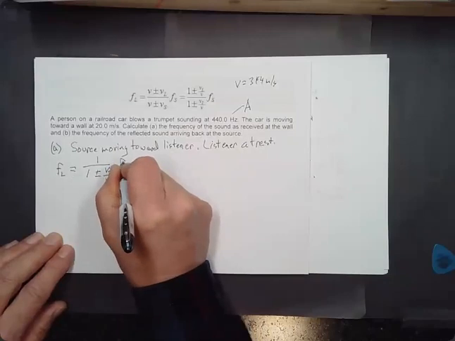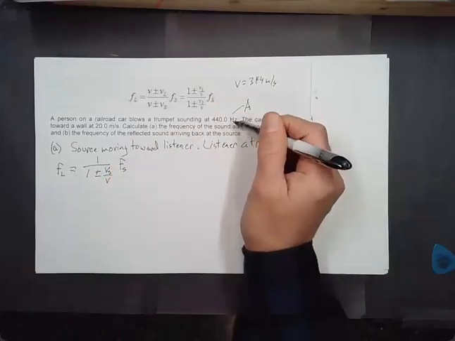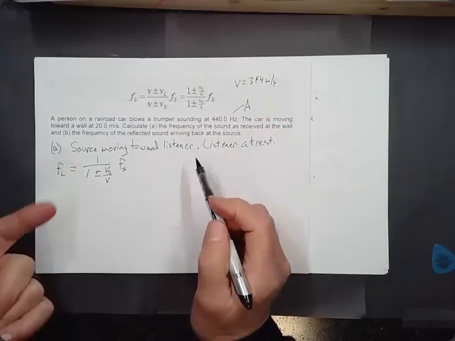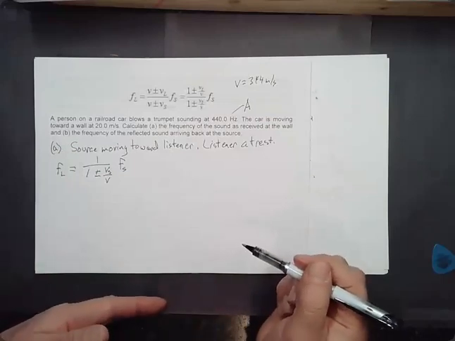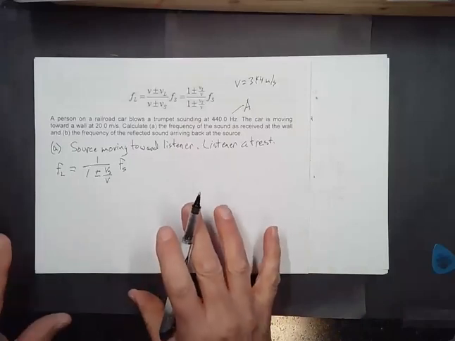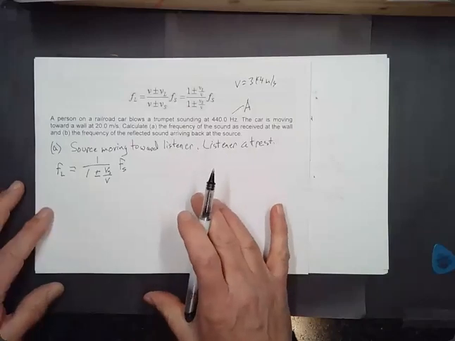And we multiply that by the frequency generated at the source, which is the 440 hertz. Okay, now, if the source is moving toward the listener, will the listener hear a higher frequency or a lower frequency? They'll hear a higher frequency when things are moving together.